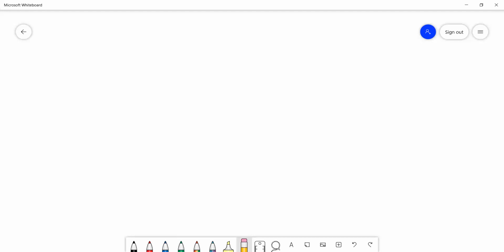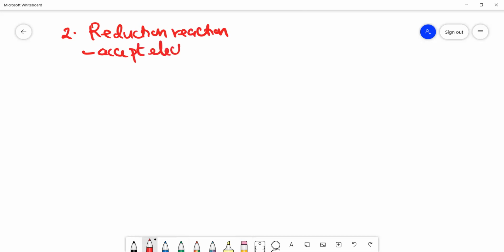Now, the second reaction we made mention of was a reduction reaction. If you remember your redox law, there are three things that account for reduction. One, you are accepting electrons.